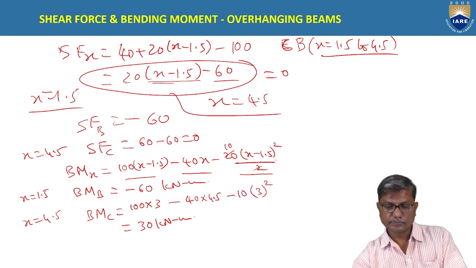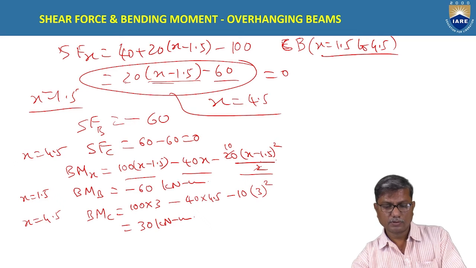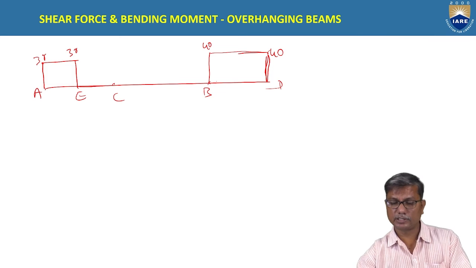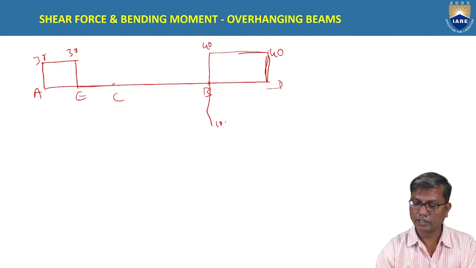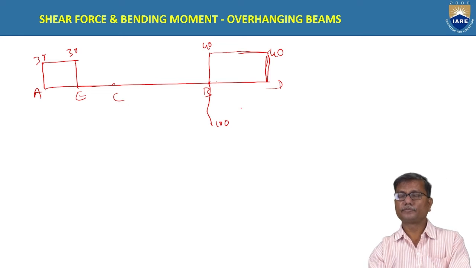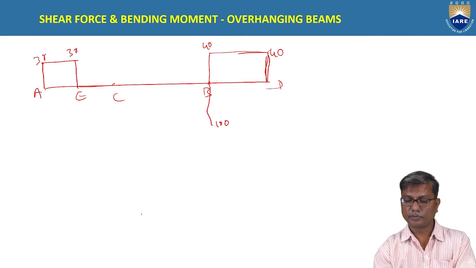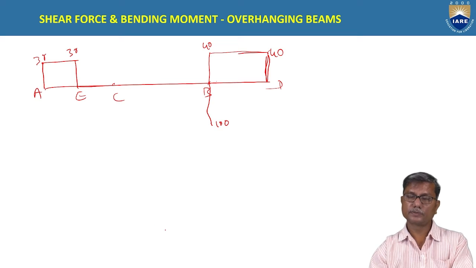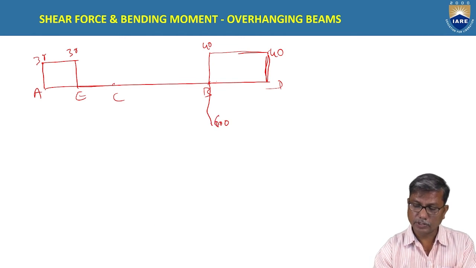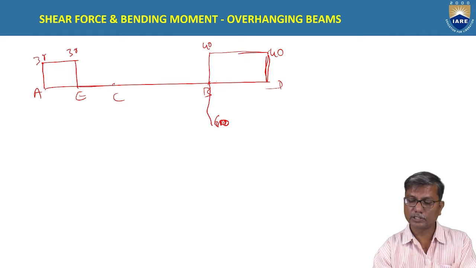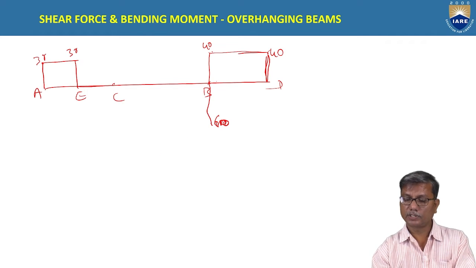You can see what is the shear force at B, minus 60. At B it is minus 60 because there is a reaction of 100 at B. So there will be a sudden drop in the value of shear force. And this is 60 actually. Minus 60 and plus 40. Total is 100.